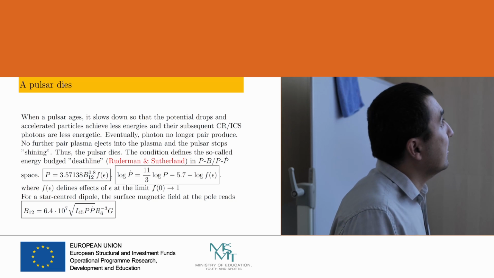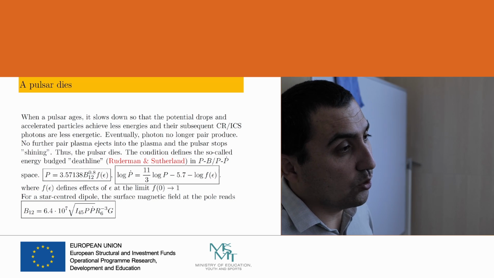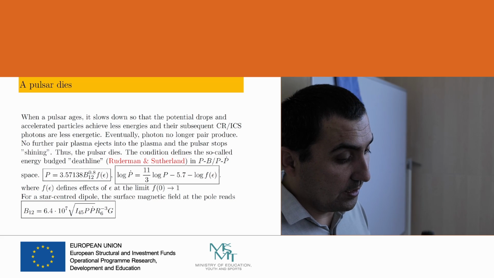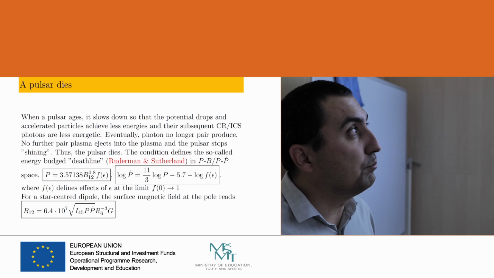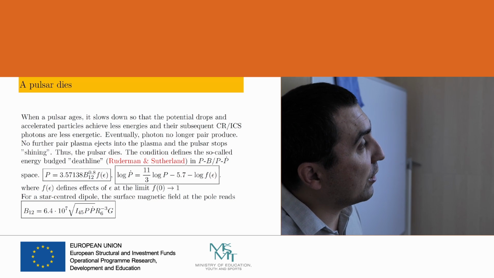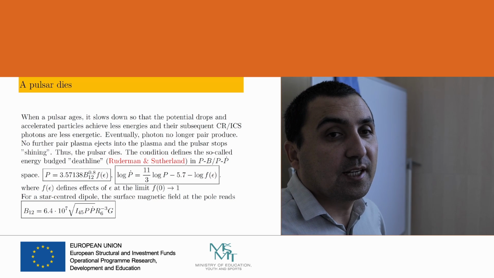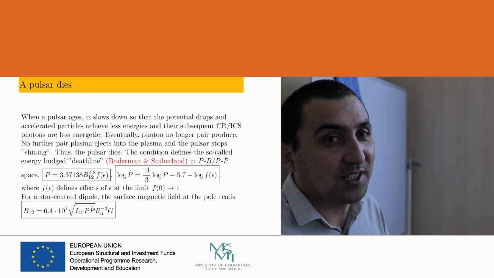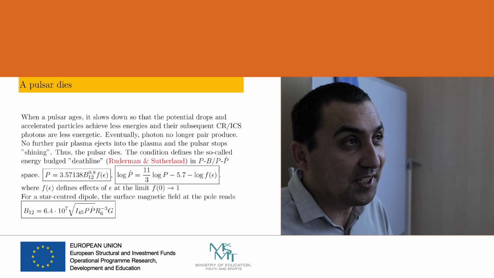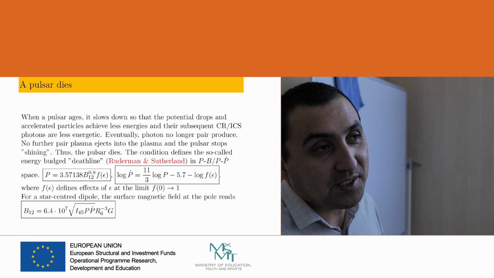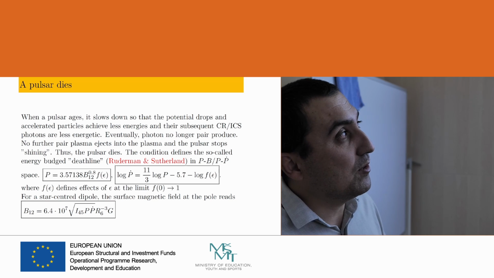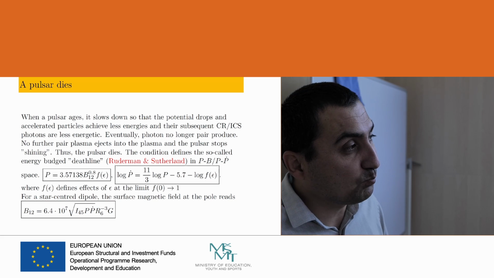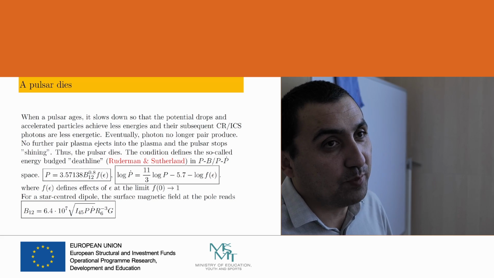So as pulsars age, they slow down, and the potential drop decreases. So this electric field cannot provide such an amount of energy for electrons, which can create high energy gamma quanta, and then gamma quanta should create an electron-positron pair.